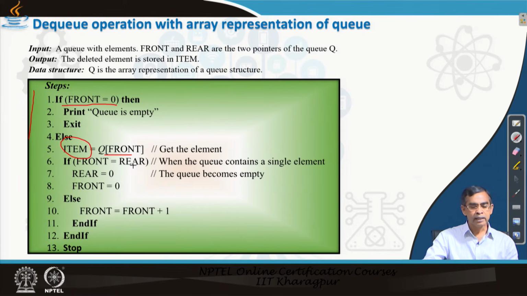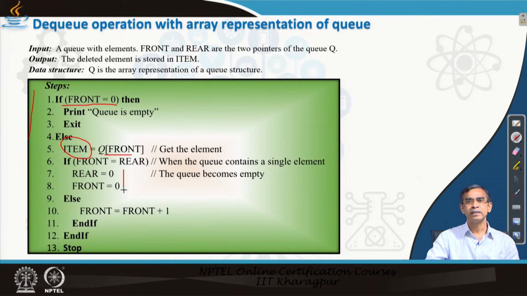Then if front equals rear, that means the queue has become exhausted. If it is exhausted, then we set rear equals 0 and front equals 0, so again the queue will start from the very beginning.